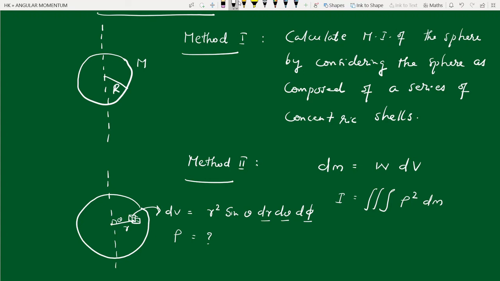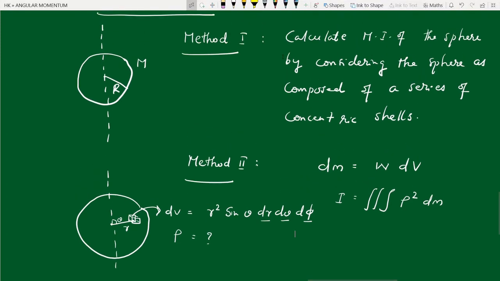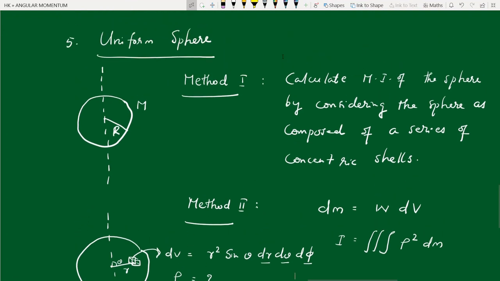So far we have done calculation of moment of inertia; including this homework we have considered 5 objects. A thin uniform ring, moment of inertia about a perpendicular axis passing through its center is mr square. Then a thin uniform disk, moment of inertia about the central perpendicular axis, half mr square.